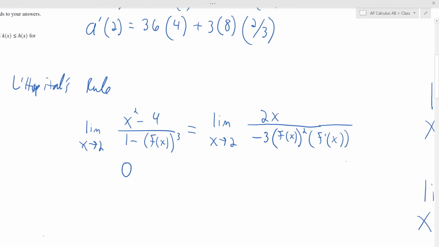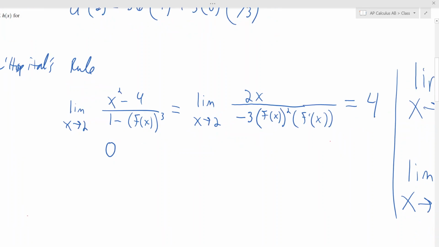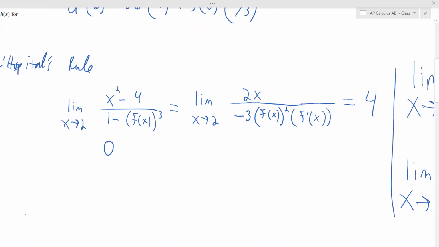So that's after using L'Hopital's rule, and this has to equal 4 because that's what h of 2 is. And when you put a 2 into there, you get 4 over, I'm just evaluating the limit part of it now, negative 3 times f of 2 squared times f prime of 2. That has to equal 4.